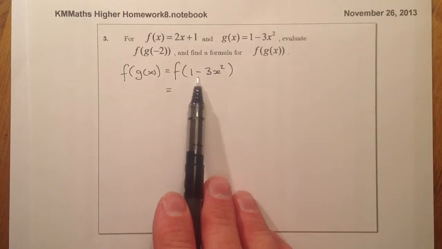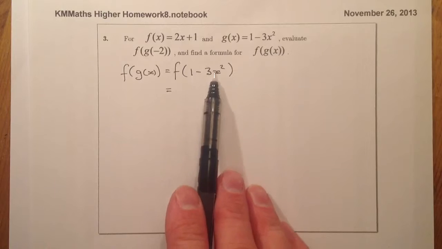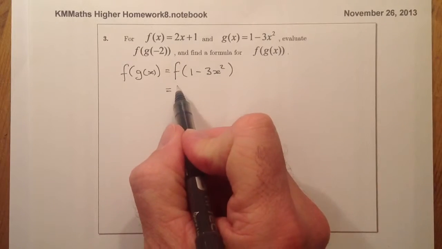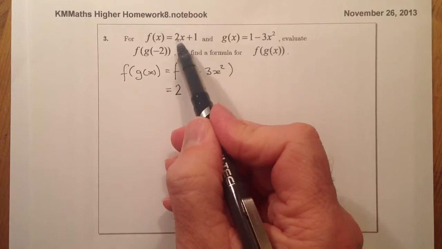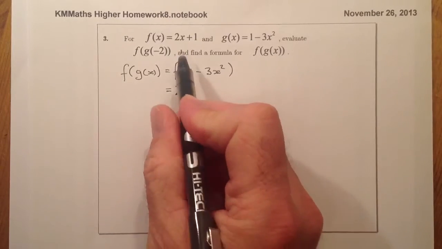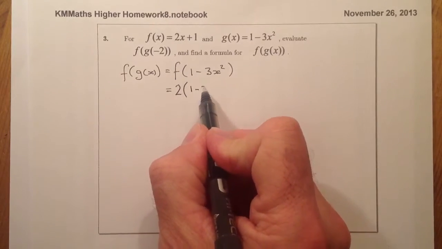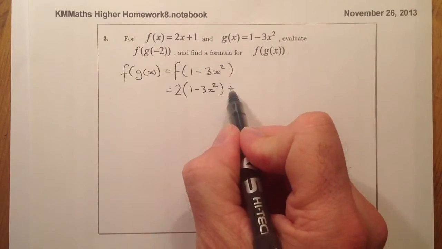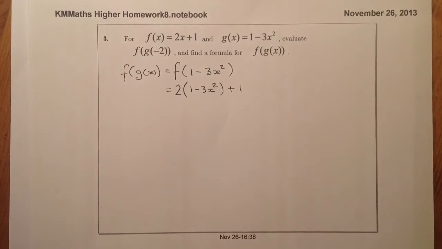So I'm going to put this function here, the g(x) function, in there where I see x. So I've got a 2 there already, so that's this 2 here. Then, instead of x, I'm going to be using 1 - 3x², and then I've got a plus 1 that's hanging on the end there.